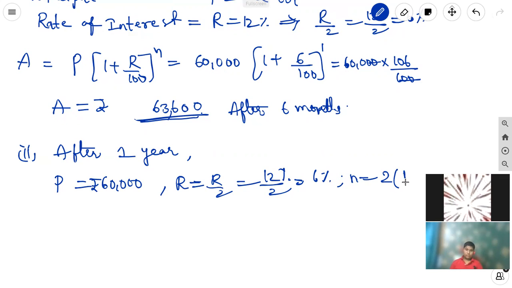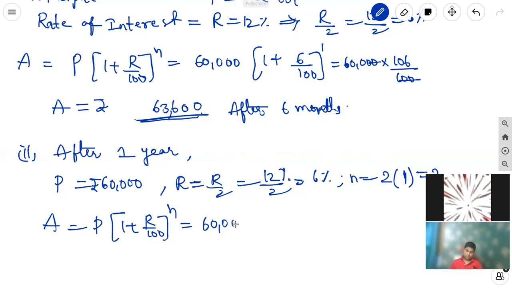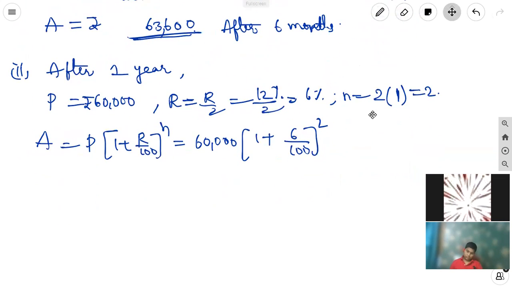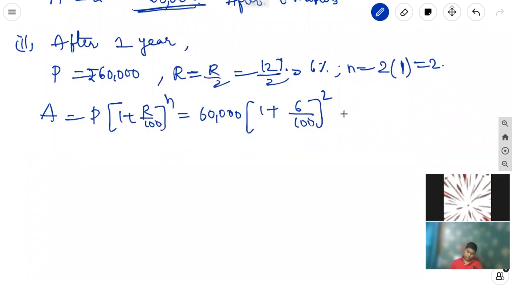Here, how many years we are taking? 1 year. Twice of the number of years means n equal to 2. What is the amount? P into 1 plus R by 100 whole power n. P is the 60,000. 1 plus R is the 6 by 100 whole power 2. Why? Because in 1 year we can compound it 2 times.